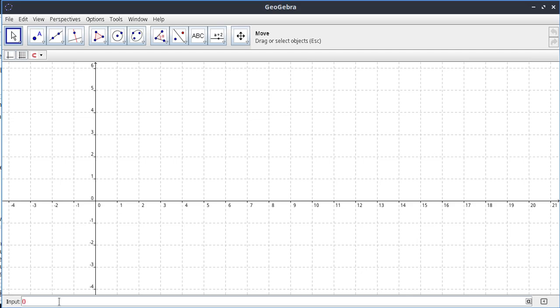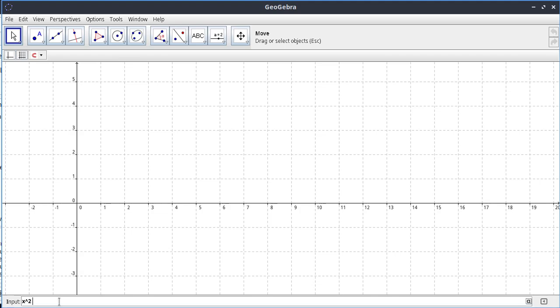So open bracket, x minus 0 is just x, squared, plus y minus 0 is just y, squared, equals 2. Was it 2?